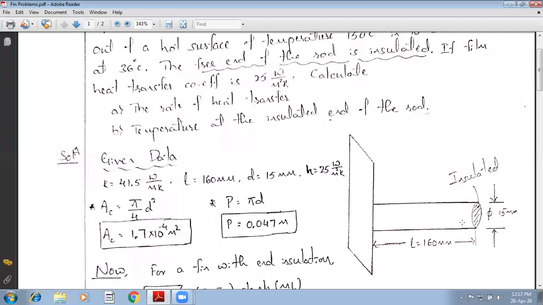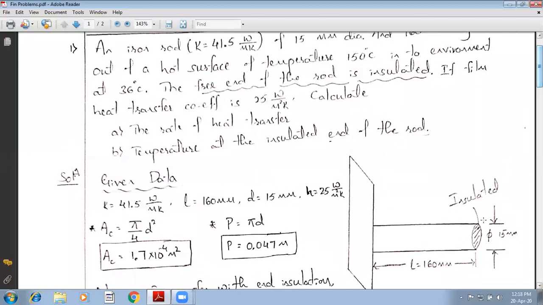This material is having a thermal conductivity of 41.5 watt per meter Kelvin, and it is 160 mm in length. The diameter is 15 mm, over which air is flowing, whose heat transfer coefficient is 25 watt per meter square Kelvin, and the temperature is 36 degrees Celsius.